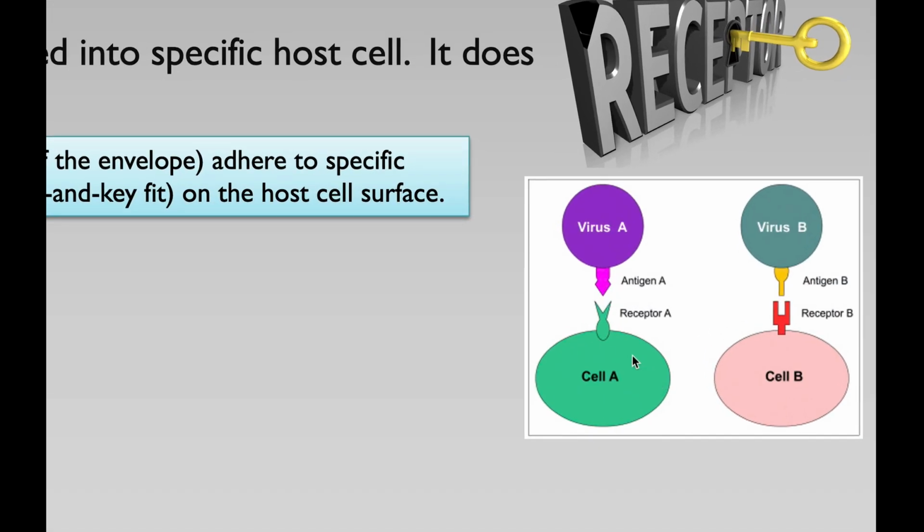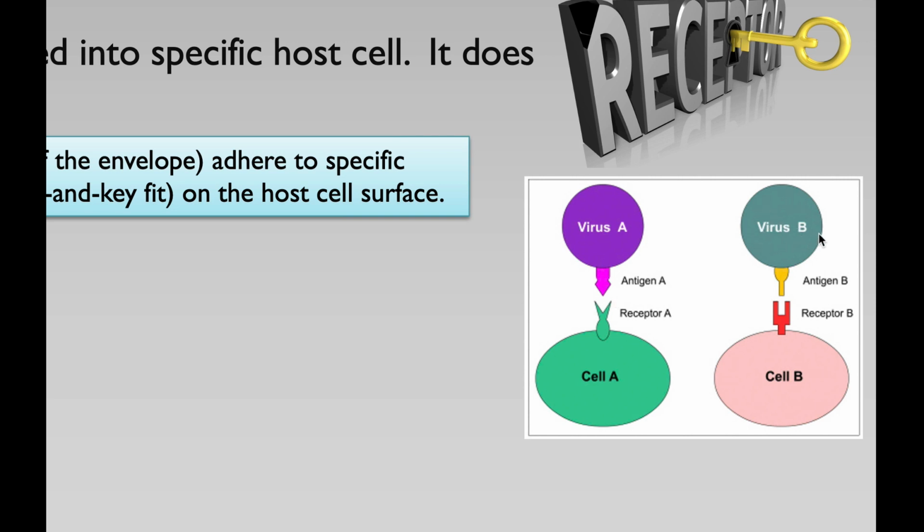Here you can see cell A is being infected by virus A. You can see that the fit is very specific. We typically call things that stick off the surface of cells antigens, and they stick into things called receptors on the receiving cell. And you can see that this and this part here fit very nicely together, a lock and key fit.